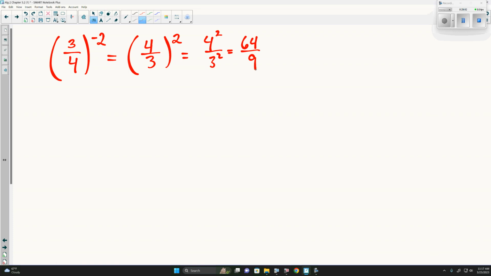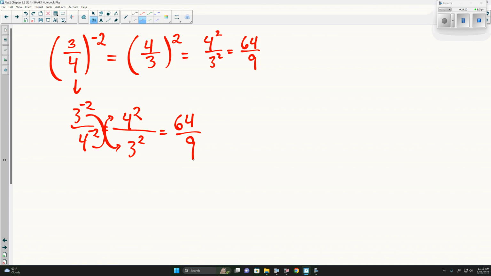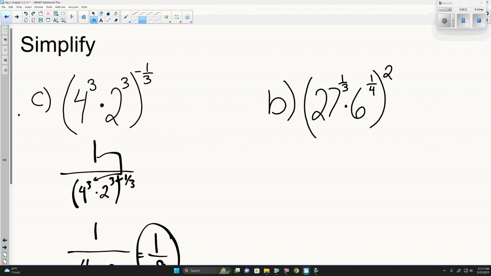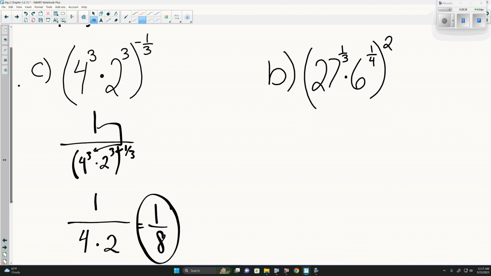Because if we did it the other way and just applied the -2 to it, we'd have 3 to the -2 over 4 to the -2. To make the 4 exponent positive, we would move it to the numerator. To make the 3's exponent positive, we'd move it to the denominator, which would give us the exact same thing. Any other questions on any of this here?